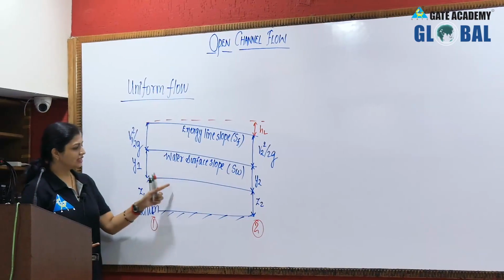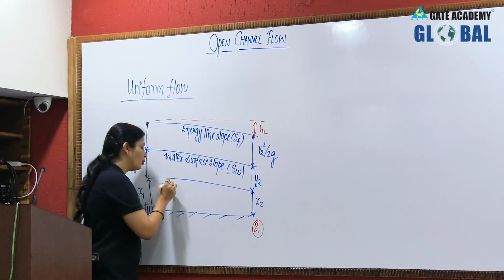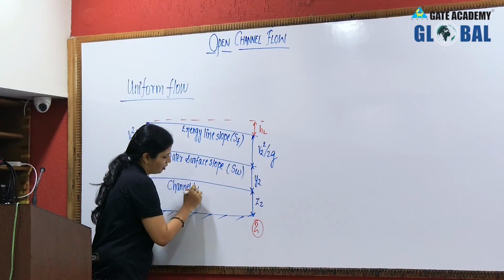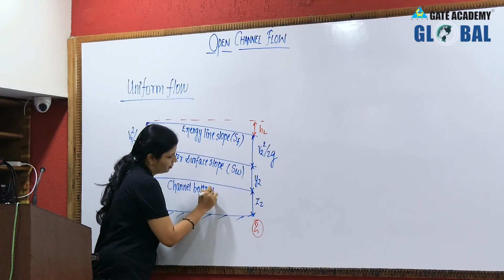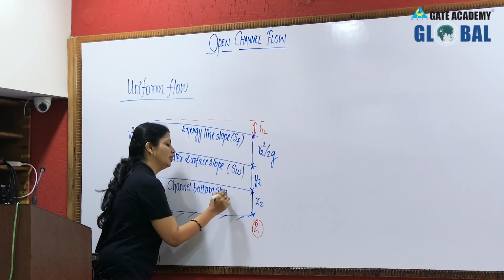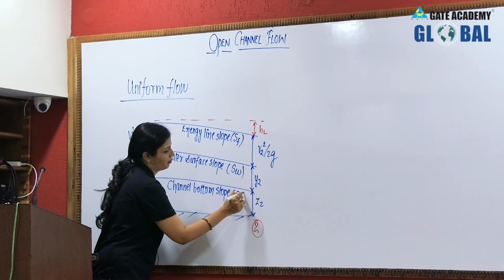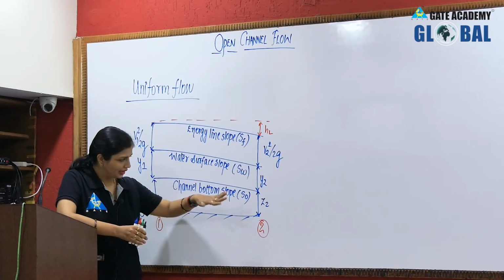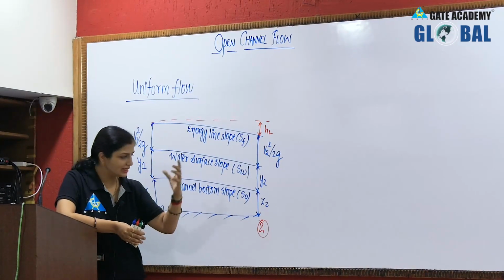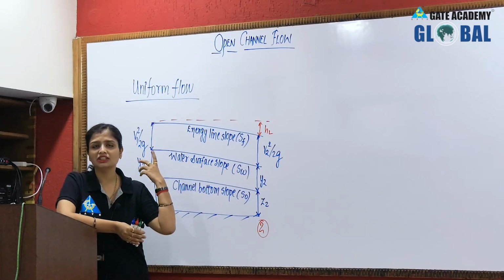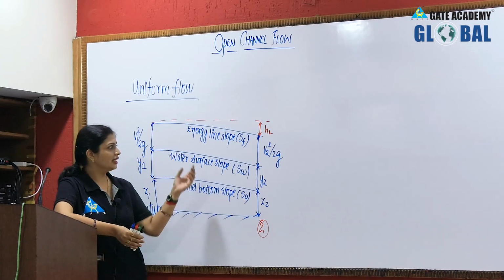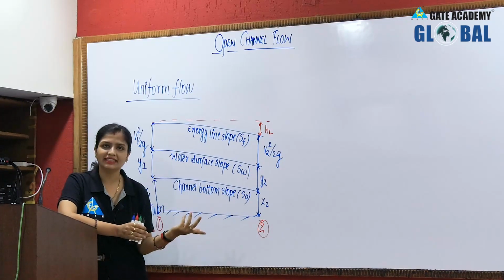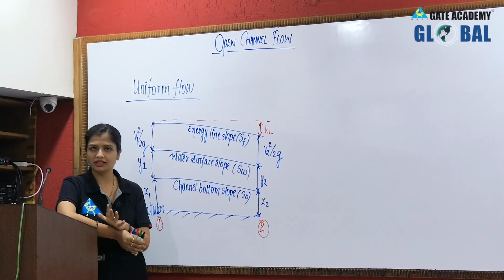And this one is known as your channel bottom slope, denoted by S naught. Some people write it as Sb also. So you should first know what the notation means. Notations you can change by yourself. It is not mandatory that you write energy line slope as Sf only. You can write Se, but the meaning should be clear to you.